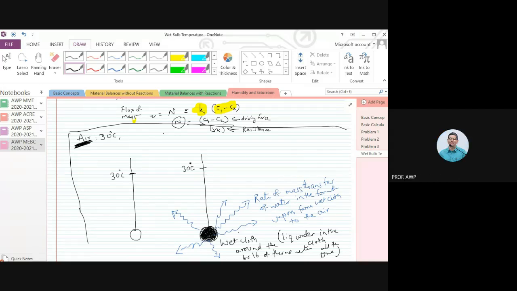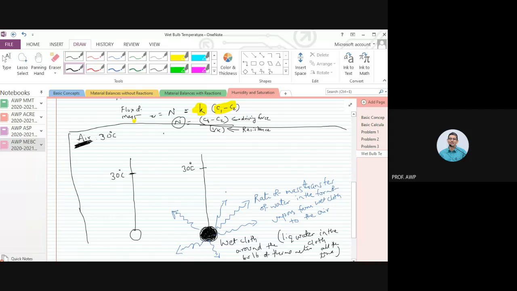Right. Now, who's going to supply energy? Air cannot supply energy because this also is at 30 degrees centigrade and this also is at 30 degrees centigrade. So, if you look at the Boltzmann distribution, some of the more energetic molecules will escape.